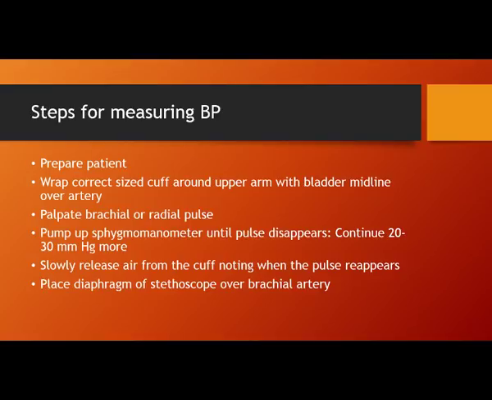Then you'd want to determine the cuff size, and the bladder is that rubber part inside the cuff. You can feel it has a length and a width, and the width should be about 40% of the distance around the upper arm, and the length of the bladder should be about 80% of the distance around that upper arm.